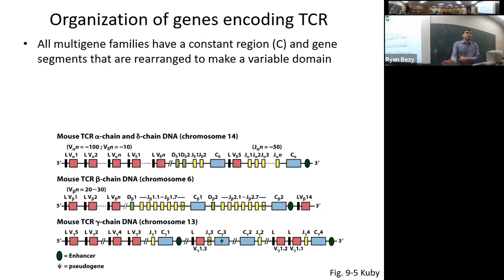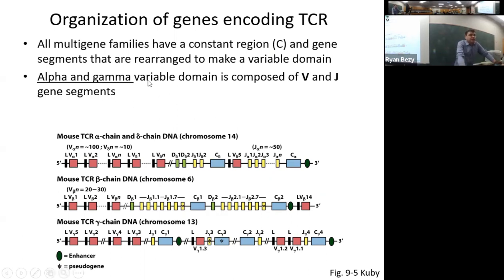So this is the organization of genes encoding T cell receptors. They are multi-gene families that have, again, constant gene segments, and then constant regions that code for the constant domain, but also a series of gene segments that are rearranged by DNA recombination to make a variable domain.